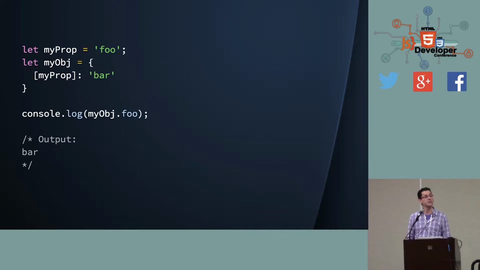And in fact, this can be any expression you want. So you could have, say, myProp plus 1. You can call functions, it's any JavaScript expression you want. That's not a statement, so you can't say return, obviously. This is called computed property names.